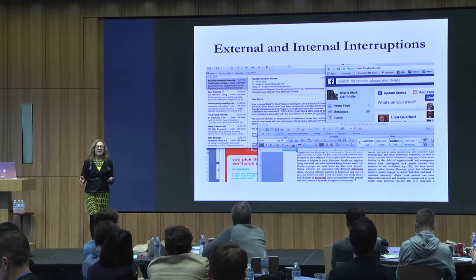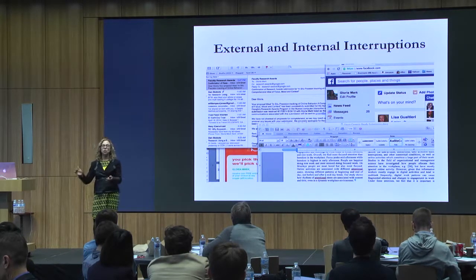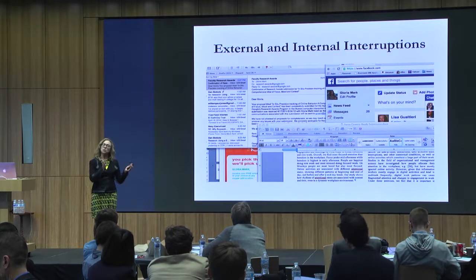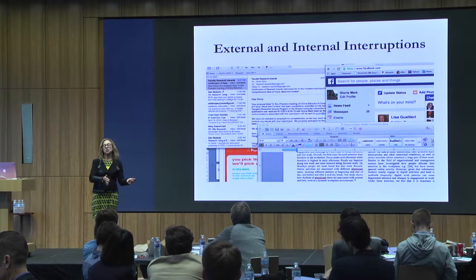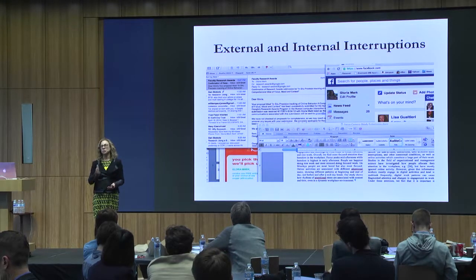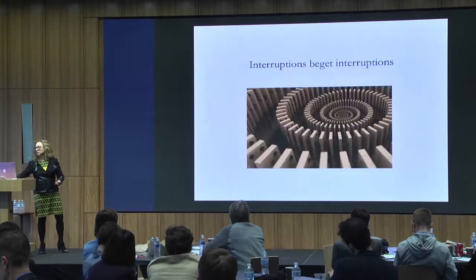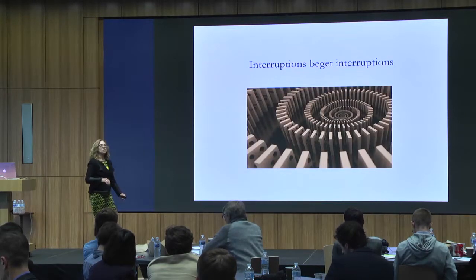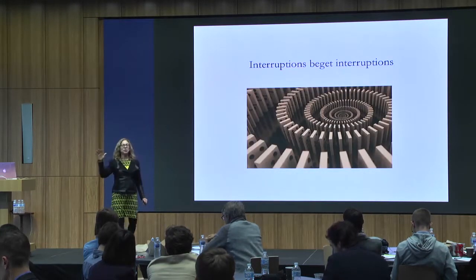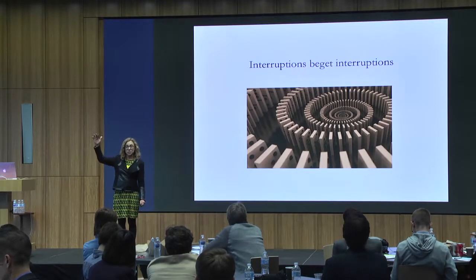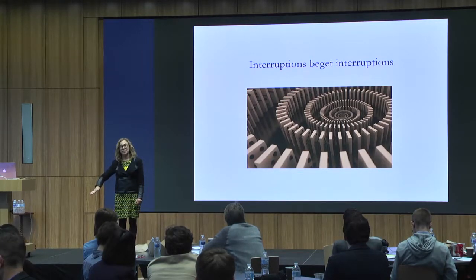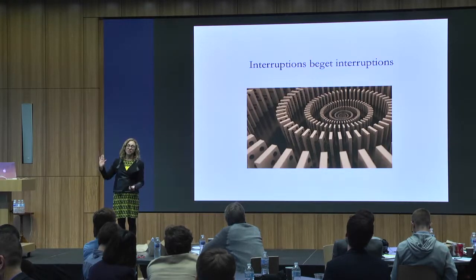So we took our data and we divided it into 1 hour blocks. And we measured the amount of external interruptions and the amount of internal interruptions in each of these blocks. And we found something pretty interesting. We found that when there were periods of high external interruptions and then they waned, what happened was that internal or self-interruptions kicked in and rose, right?